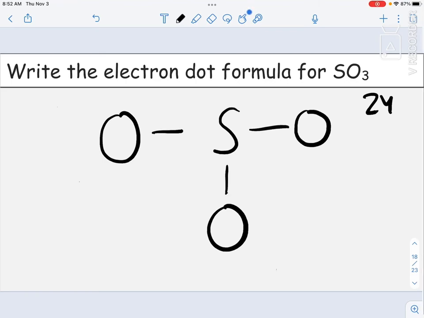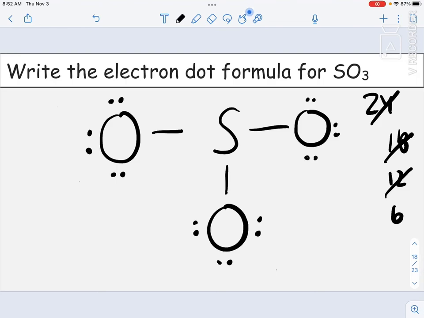So I have 3 bonds. Each one has 2 electrons, so I've used 6. Now I'm down to 18. Let's go ahead and give each oxygen an octet. By doing that, I've used up all my valence electrons. This oxygen on the left is happy, okay, because it has 8.